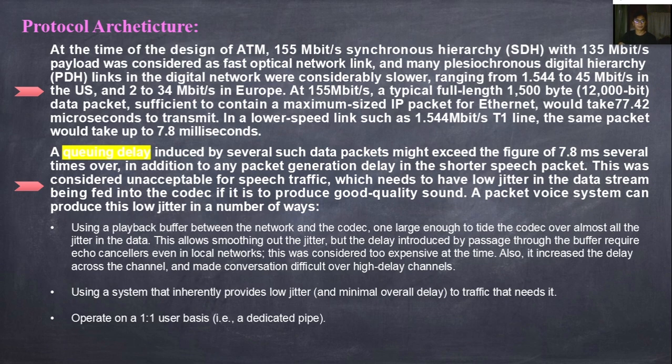So at the time, the transmission of ATM was so complex, using a system that inherently provides low jitter and minimal overall delay to traffic that needs it, and operates on a one-to-one user basis, for example, a dedicated pipe.